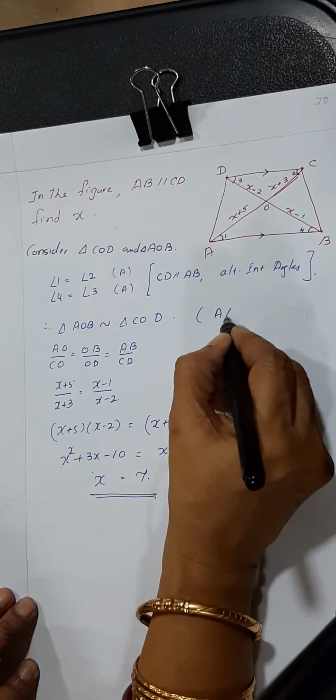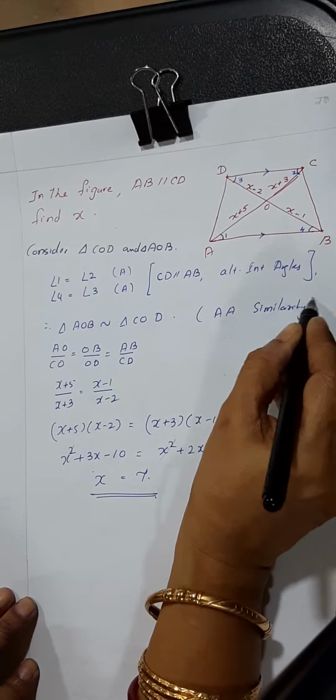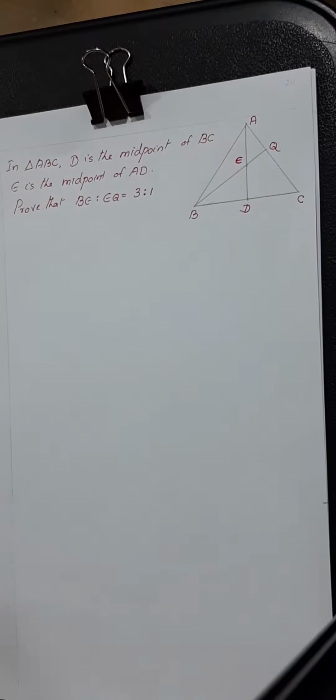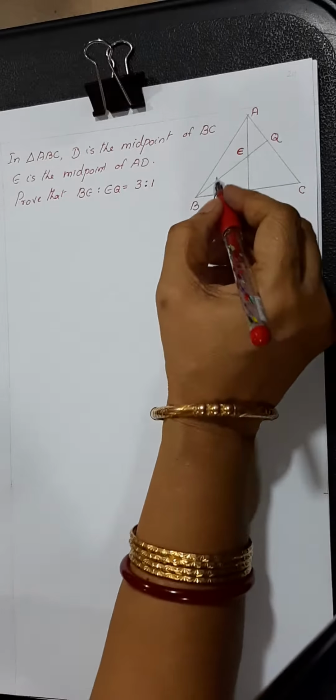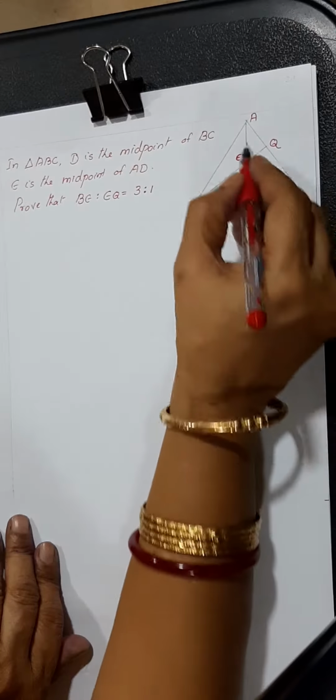This is AA similarity. So in triangle ABC, D is the midpoint of BC and E is the midpoint of AD.